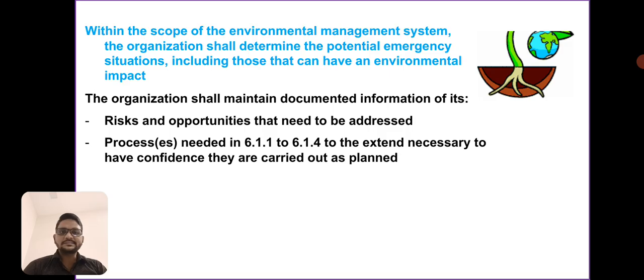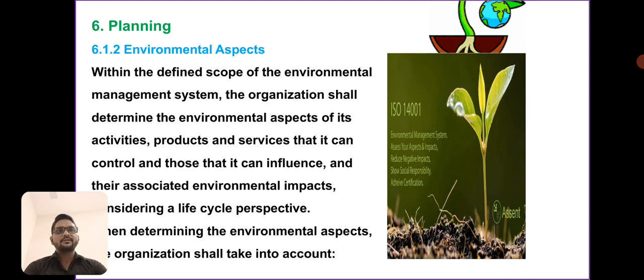The organization shall maintain documented information of its risks and opportunities that need to be addressed in each area and each process, and the processes needed in 6.1.1 to 6.1.4 to the extent necessary to have confidence that they are carried out as planned.